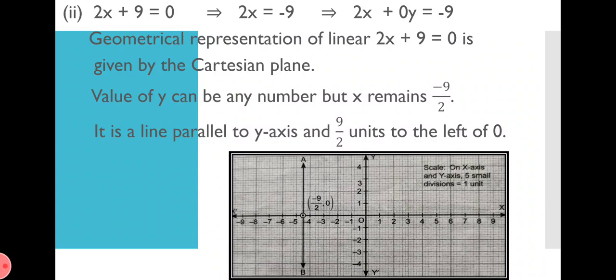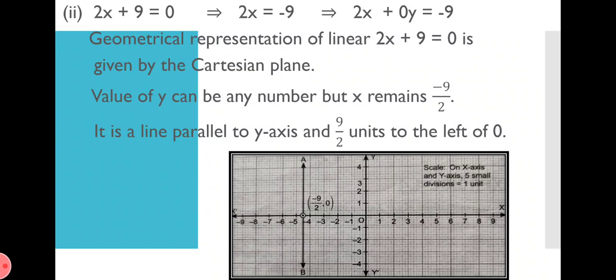Dear students, both the questions of exercise 4.4 you have to solve in your graph book. When you are solving in the graph book, question number 1 you will do on the same page. The whole written portion you will write on the right hand page, and the graphical representation you will do on the left page.